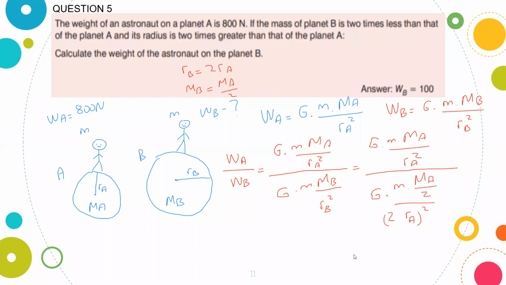Let's see what we have now. Step by step, let's show. Let's continue. W A over W B equals what we have now: G times M times M A over R A squared, and then G times M times M A over 2.